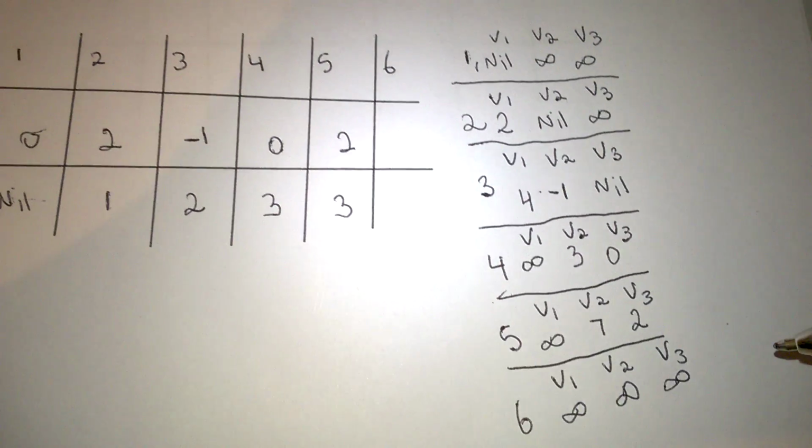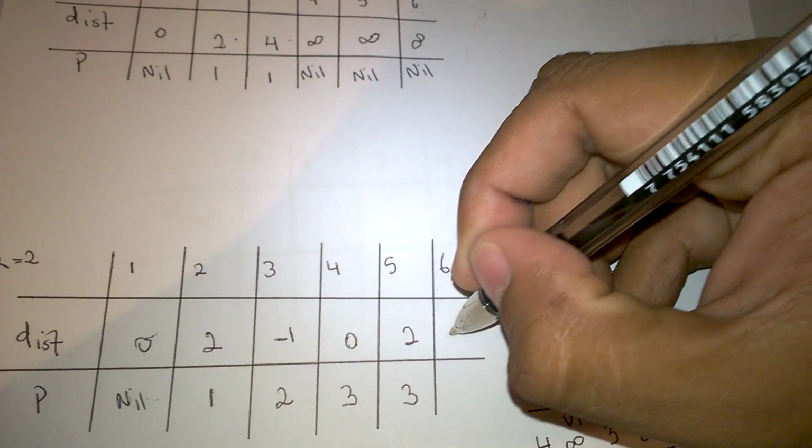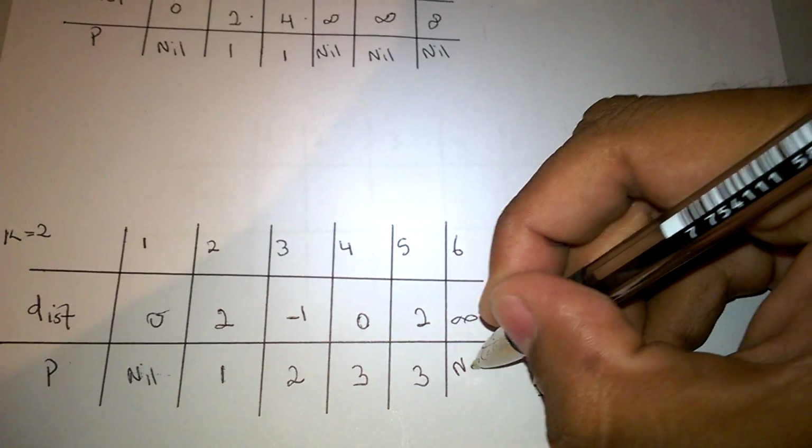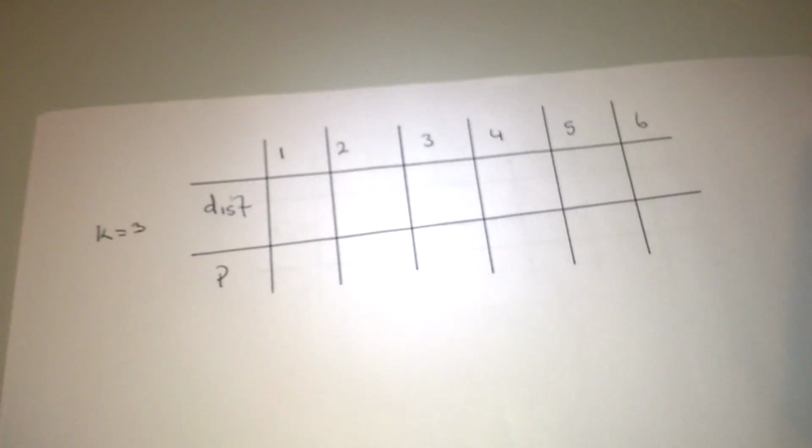So in a case like this, 6 remains as it was in the previous table, infinity and nil. So k2 now is finished, and we have to do this 3 more times because it's 6. So we go to where k is equal to 3, and I'll make our next video with the rest.